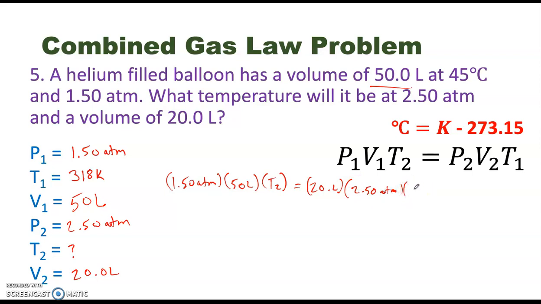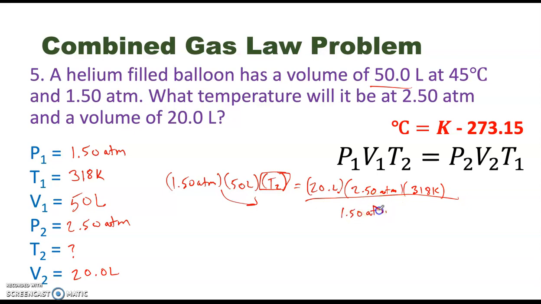And then T1, which is 318 Kelvin. Okay, so here's my unknown. So again, you take these and you just divide them over to here. So we've got 1.50 atmospheres.